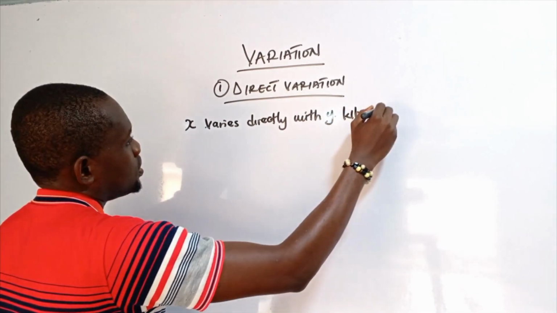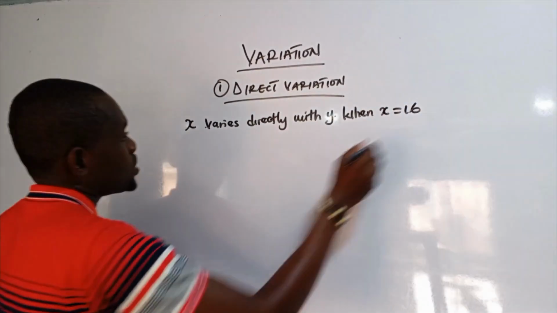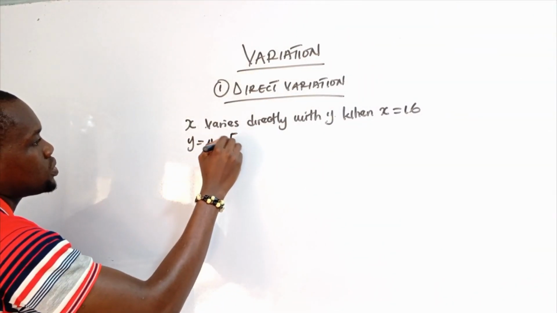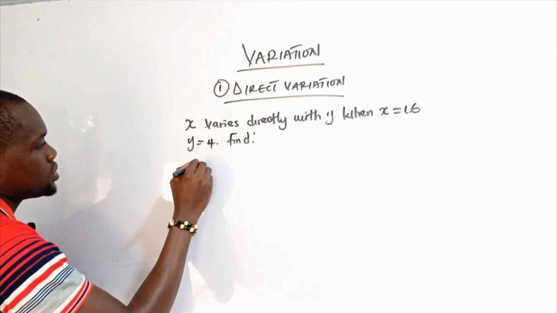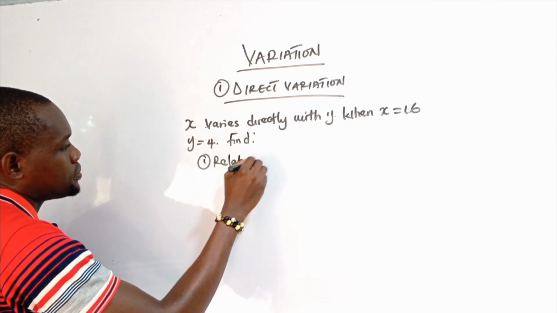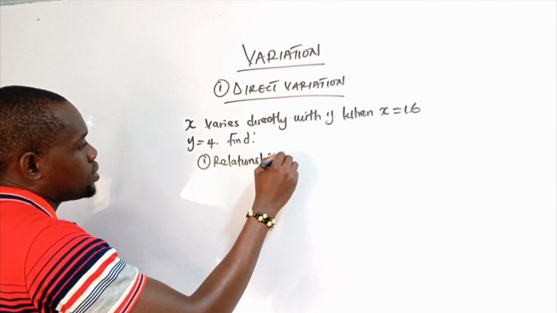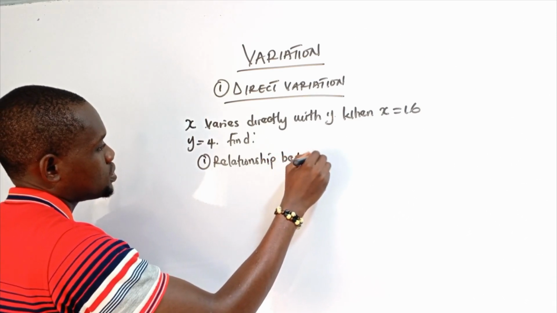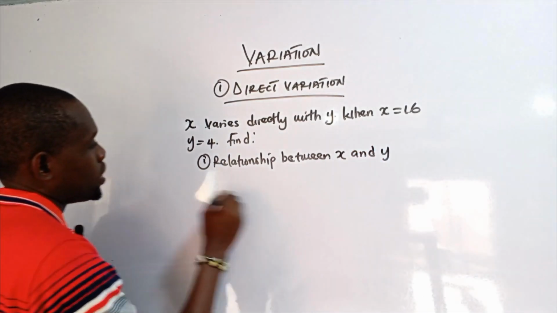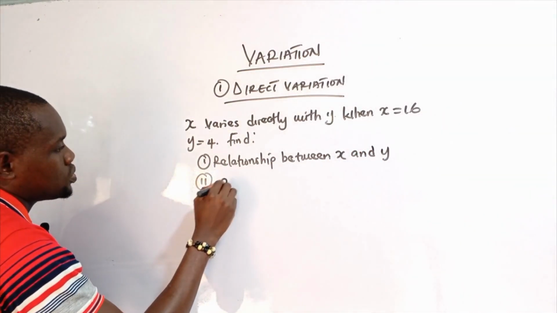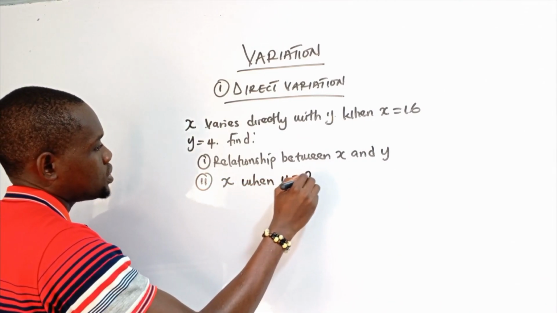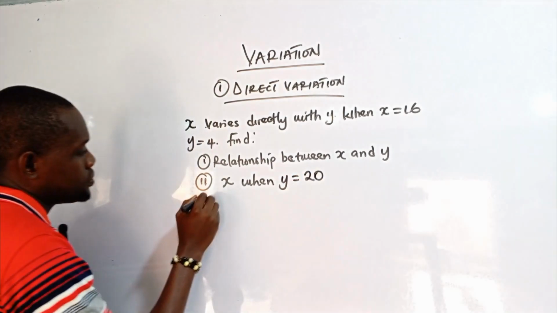when x equals 16, y equals 4. Find: the first question is the relationship between x and y. Number 2, x when y is equal to 20.